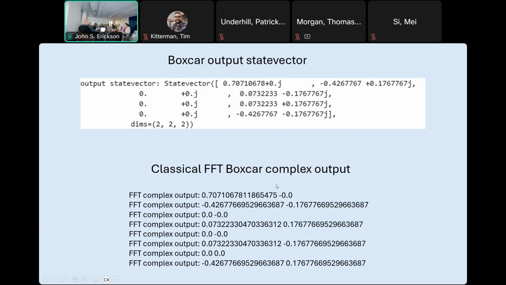Does anybody see anything suspicious looking back and forth between these two? Is there anything that bothers you about these numbers? Phase is backwards, or the imaginary part is negative. Well, you got a -0 here, but I'm not worried about that.